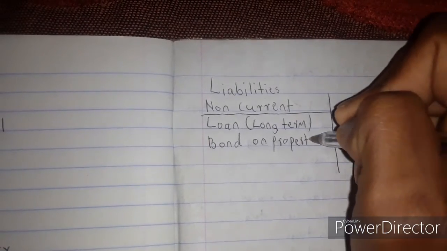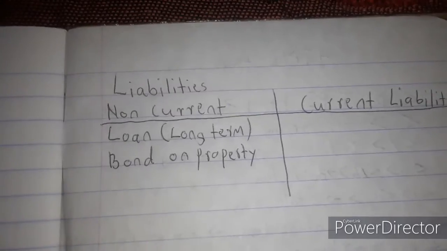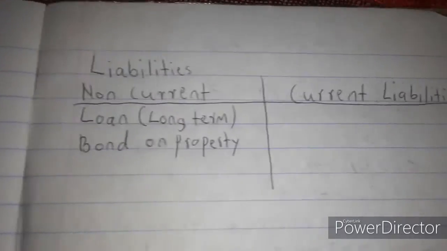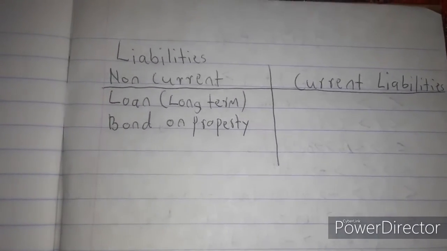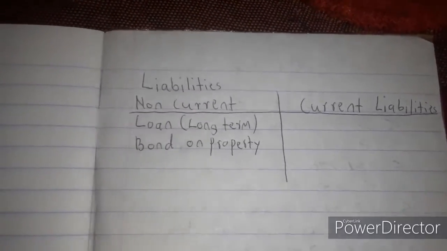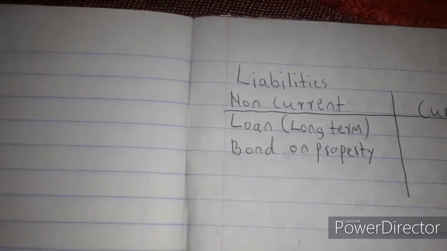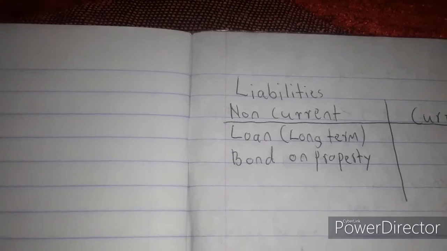You cannot pay a bond on property for 6 months. That is impossible. It takes longer than a year. It can take up to 3 or 6 years, maybe. But you cannot recover a bond on property for less than a year.